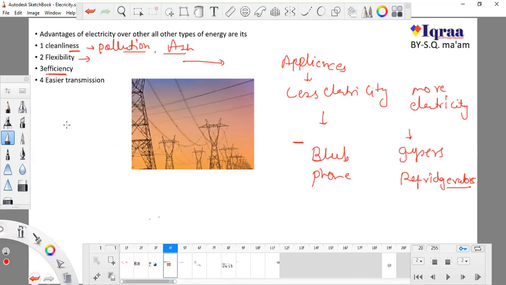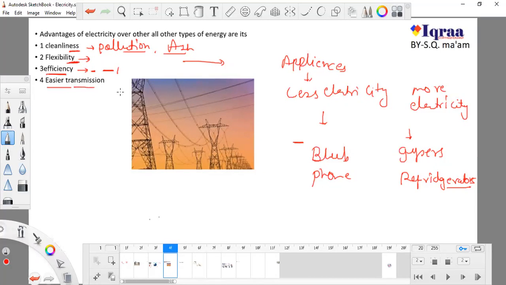Efficiency means they can run any type of appliance. So flexibility means we can use a large amount or a small amount of electricity at the same time, and efficiency means they can run many types of appliances.